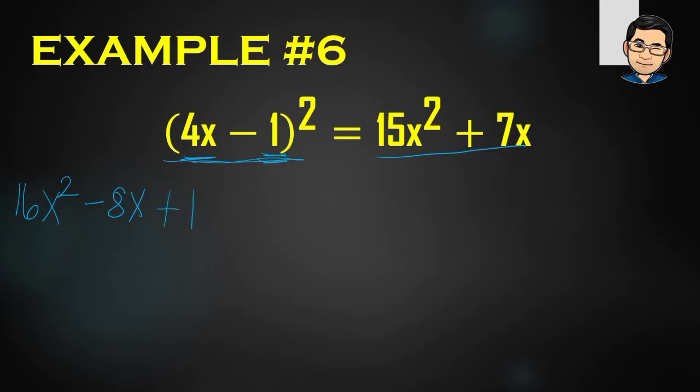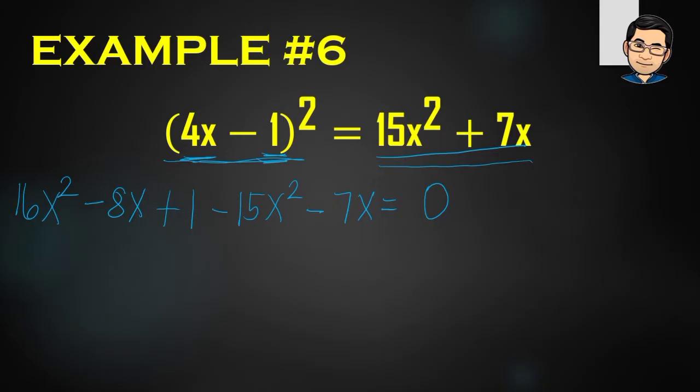And then, ililipat natin tong 15x squared plus 7x sa left side. Para mangyari yon, kailangan natin mag-minus ng 15x squared tsaka 7x. Negative 15x squared minus 7x equals, so dahil ima-minus na natin yung 15x squared minus 7x, ang matitira na lang dito is 0. Okay.